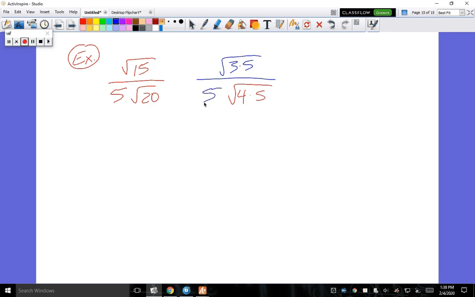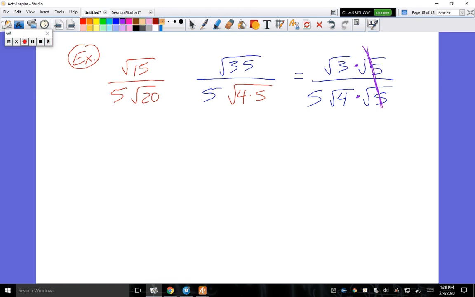And now I can start trying to see, can I cancel forms of 1? Look at this. The top, because of a new rule we recently learned, looks like that. The bottom, because of a new rule we recently learned, looks like this. And I can cancel these because it's between multiplication and they have the same power, 1/2. So that's a cancellation form of 1.